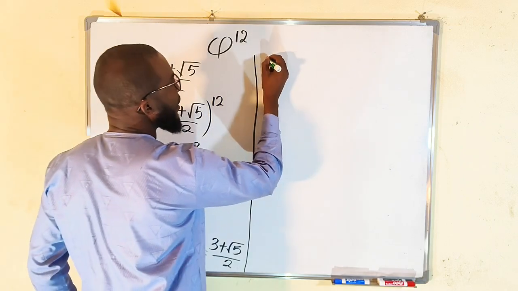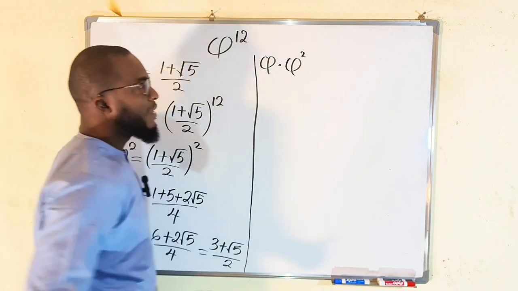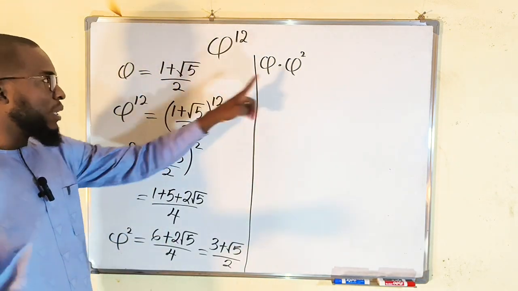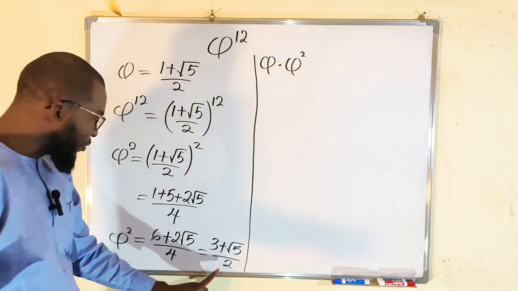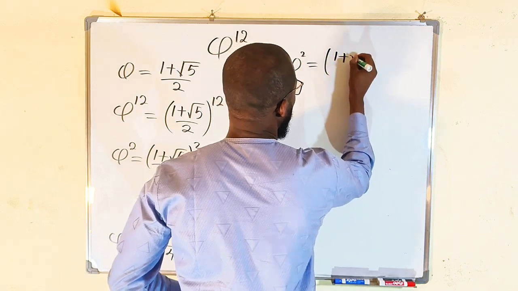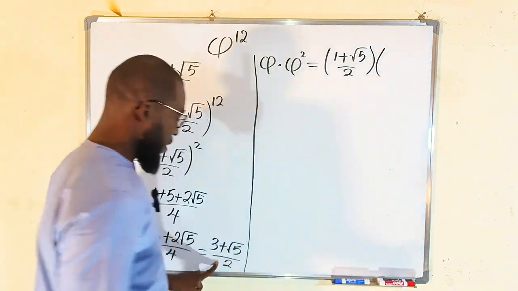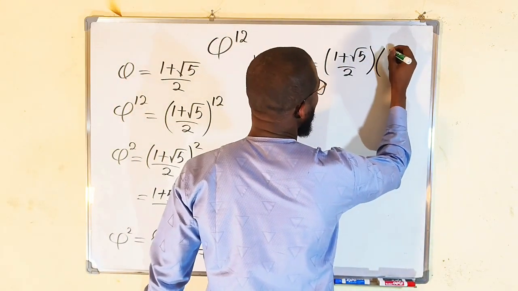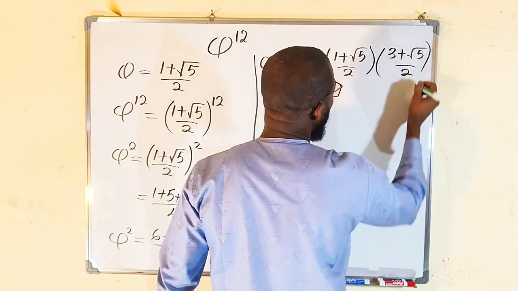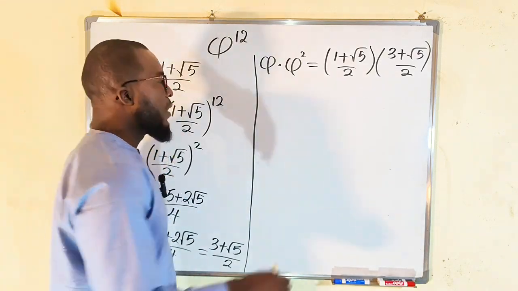Now I would like to take the golden ratio and multiply by the golden ratio squared. What does this mean? It means we are going to take this, which is the golden ratio, multiply by the golden ratio squared, which is just this one. So this will be (1 plus root 5) divided by 2 multiplied by (3 plus root 5) divided by 2. Our main goal is to get to the golden ratio to the power of 12.